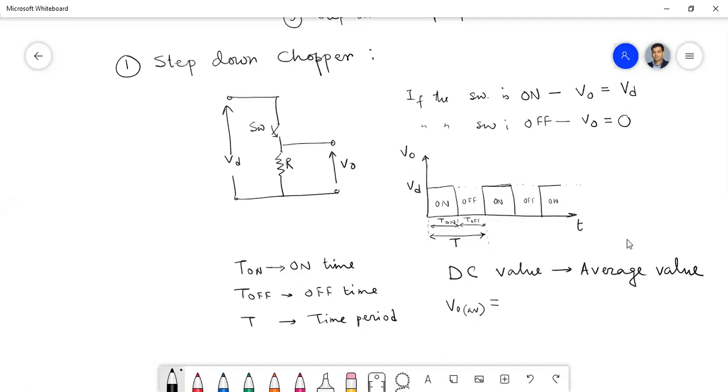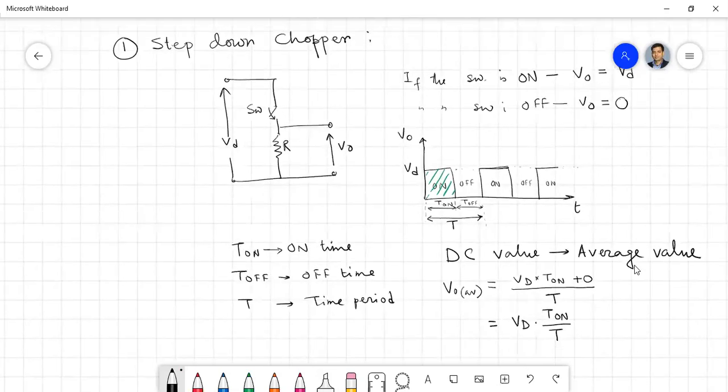Now what is the average value of V0 here? Anybody? 1 by T, integral 0 to T of Vd dt. So Vd into T on by T. Vd into T on time, it has the voltage, rest of the time it is 0, and that is divided by the total time period T. That is the average voltage, because you have the area only under this curve in the whole time period, and the rest of the time the area is 0. So we can write V0 average equals Vd into T on by T. Clear?